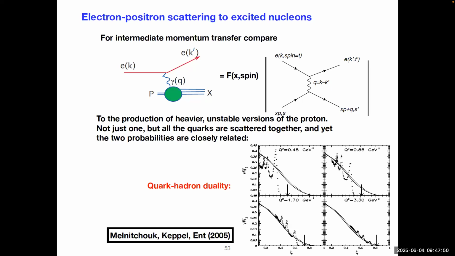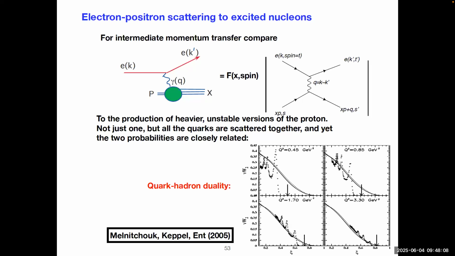Because the mass of the resonances as this variable, which is like X, call it X. As X goes to 1, the mass of the final state is (1 minus X) Q squared over X. Dividing by X doesn't make too much difference. It's really (1 minus X) Q squared.